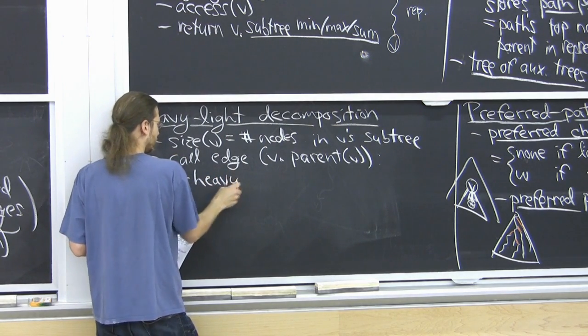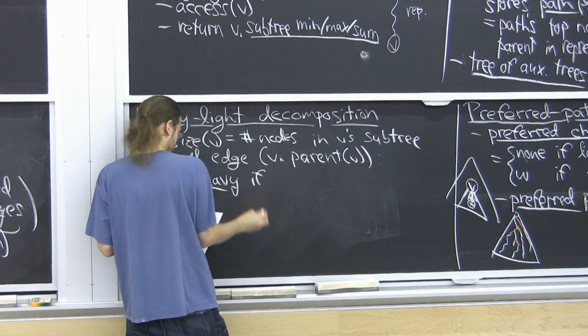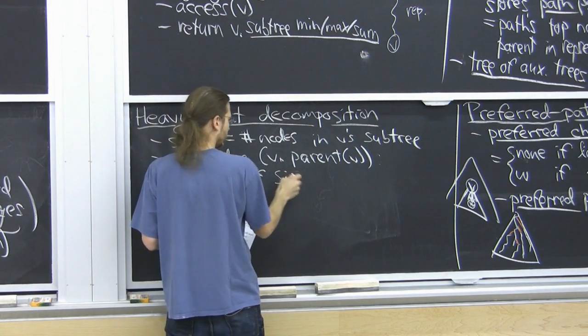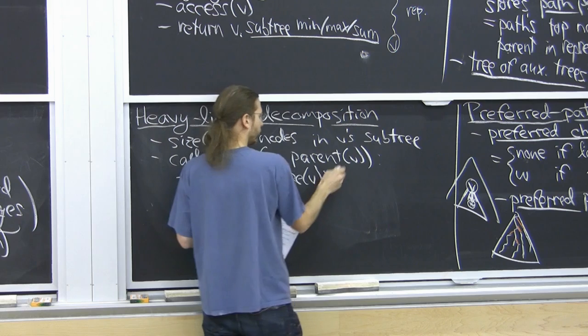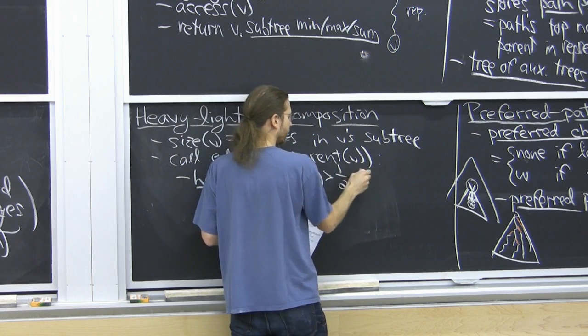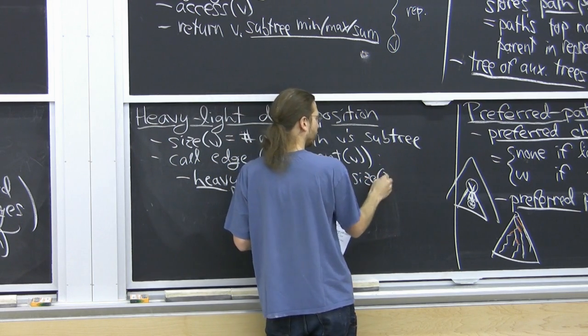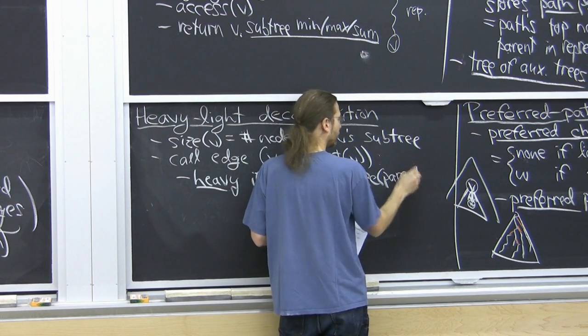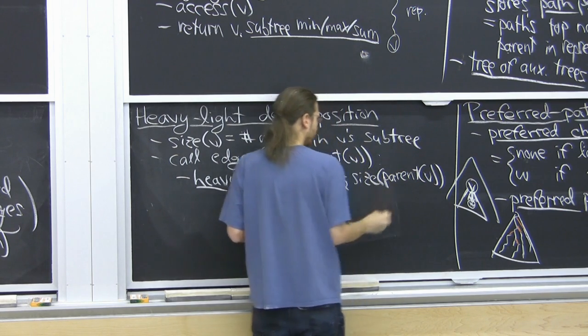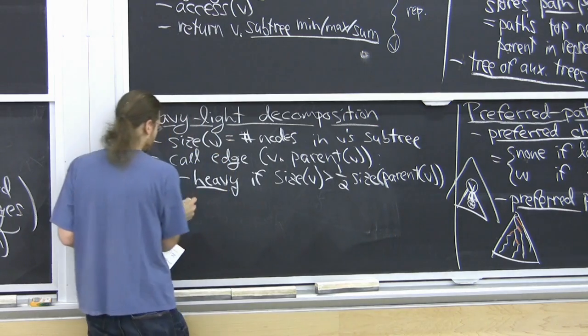It's heavy if the size of v is more than half of the size of its parent. And otherwise it's called light.